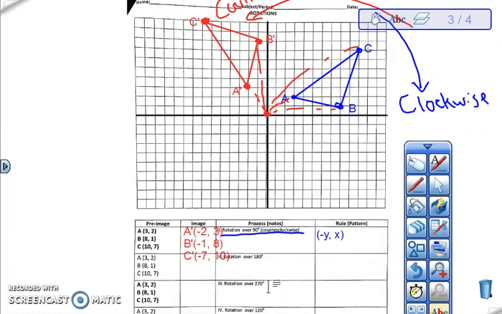So if I want to rotate 180 degrees, it's going to be something very similar, but it's going to end up over in the third quadrant, in this region down here. If I'm looking at point A, again, we need to make 180 degrees with the origin. So point A is going to flip across this way and wind up down here. B is going to be the same thing.